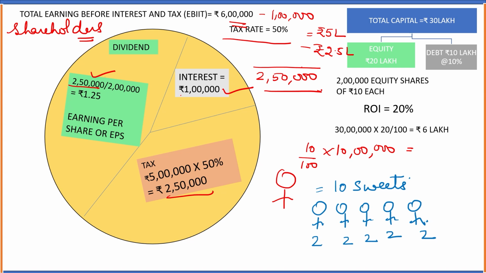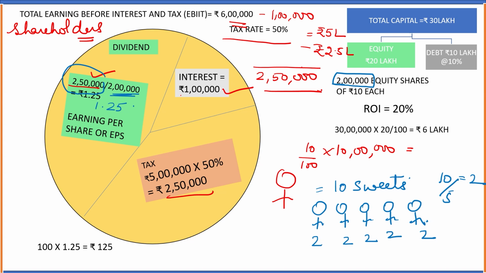Similarly, the company has 2,50,000 rupees to be distributed and the number of shareholders is 2 lakhs. So similarly, like we divided 10 by 5 and it was coming out to be 2, here we are dividing 2,50,000 by the number of equity shares, which is 2 lakh. So the amount is 1.25 per share.